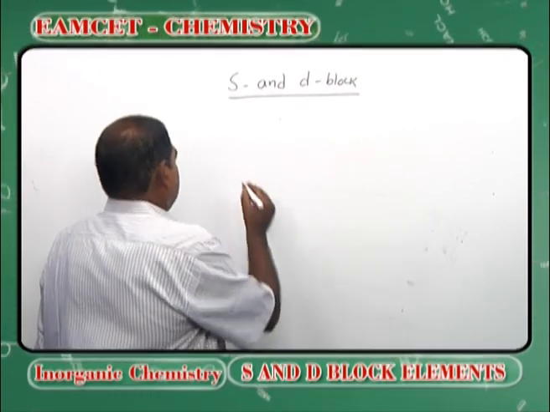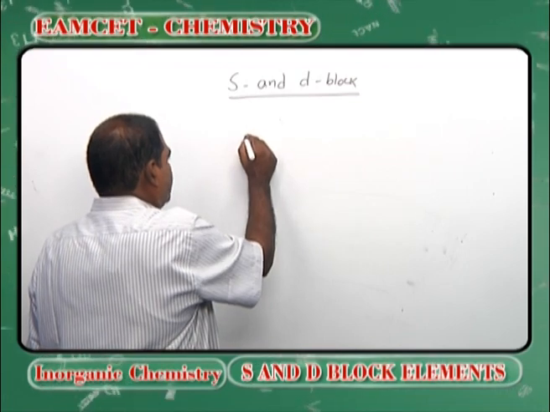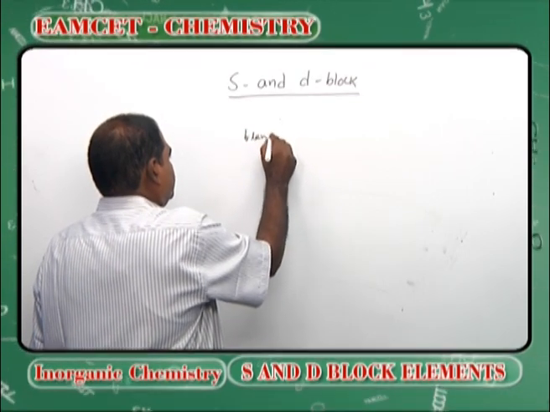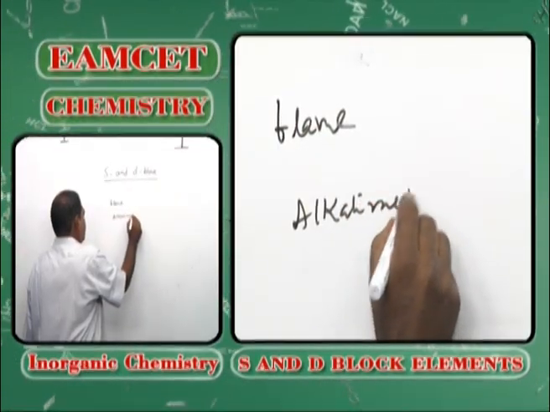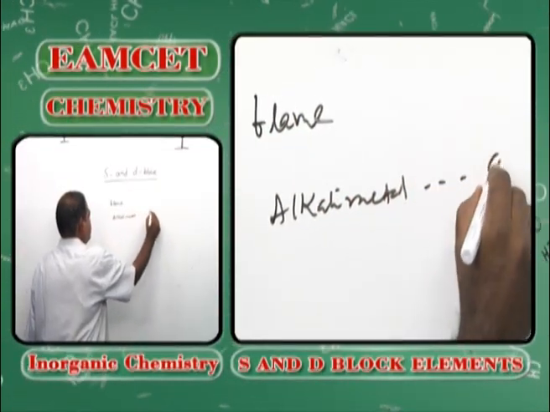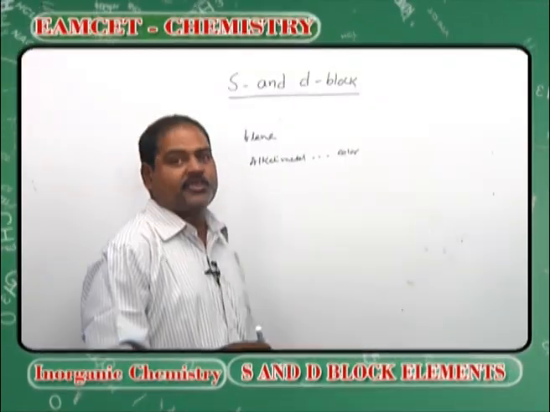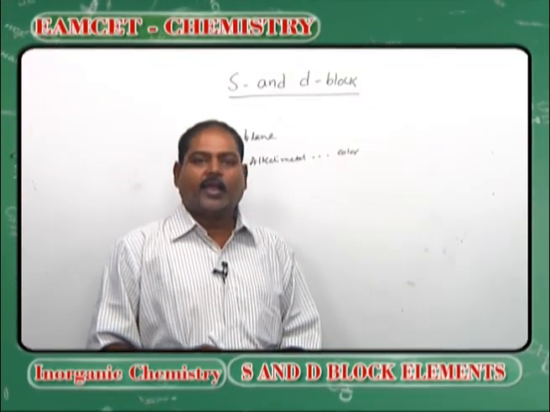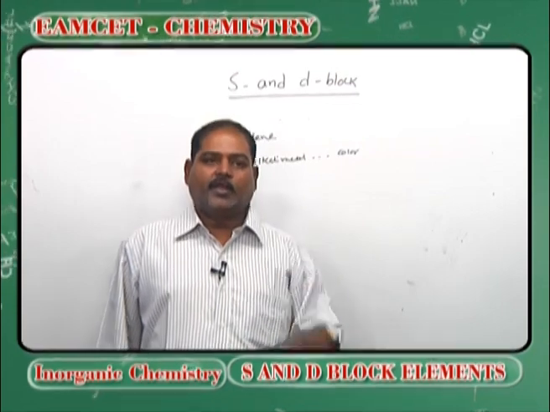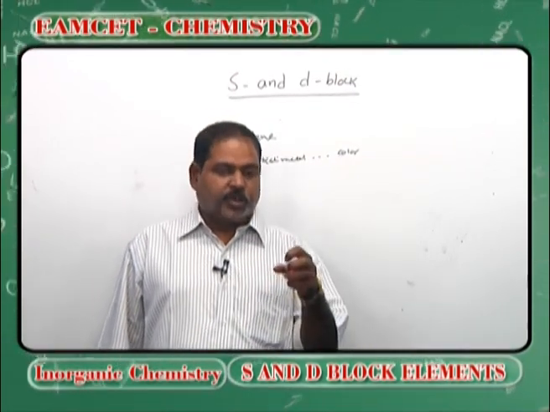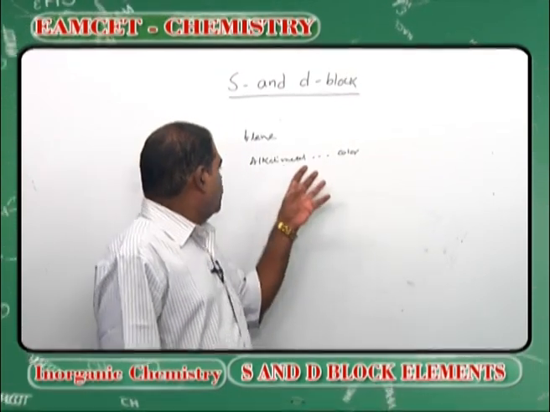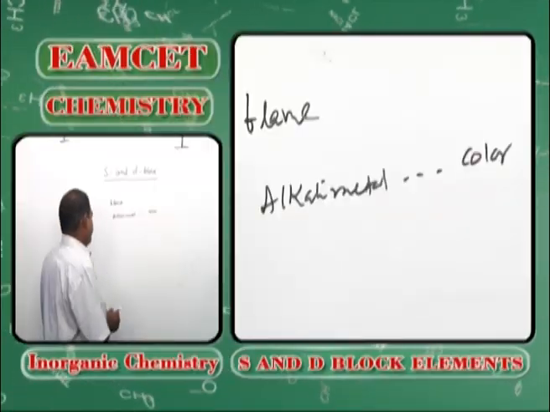Now, when you put these elements to flame, alkali metals give their characteristic color. What do you mean by characteristic color? Each one has its own color. Sodium gives golden yellow, lithium gives crimson red. So, all of them give color to flame.